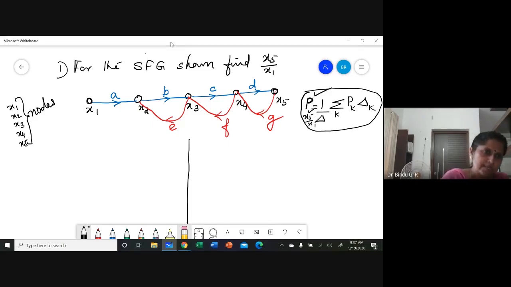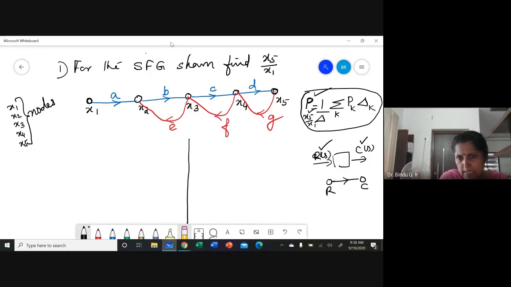A node is a point which represents a variable or a signal, which means in our block diagram we had this C(s), R(s), etc. These will be represented by a node R, C, and whatever transfer function G, I'll represent it like this.